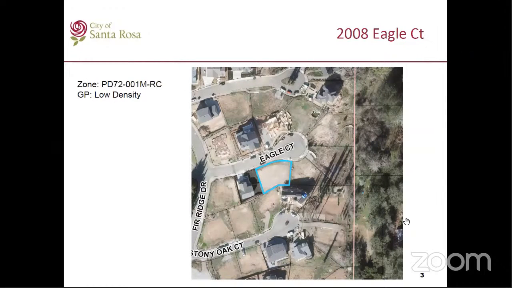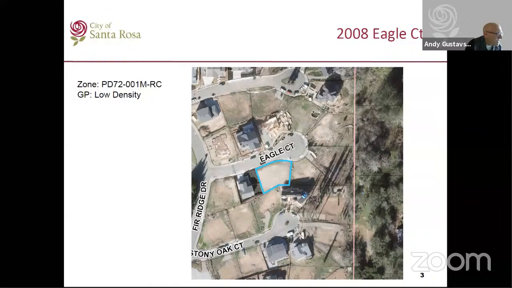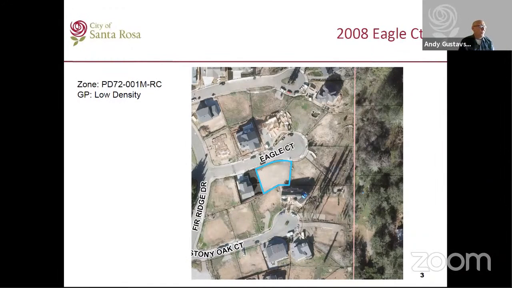No comments. Okay, the reason I'm asking is this overheight fence will have an impact on both neighbors in terms of solar access. Well, this is on the north side, so it's not going to have that much of an issue. So I just want to make sure we're not depriving solar access.